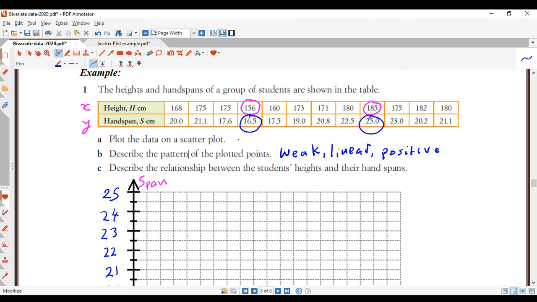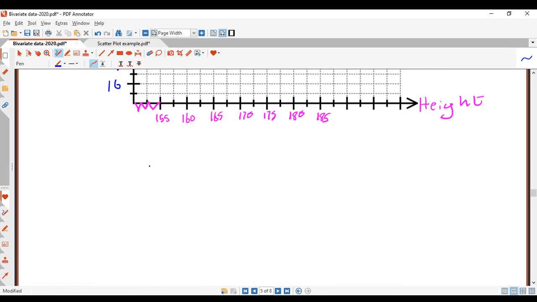So we'd say as height increases, handspan also increases. Okay. All right, so that's scatter plots.